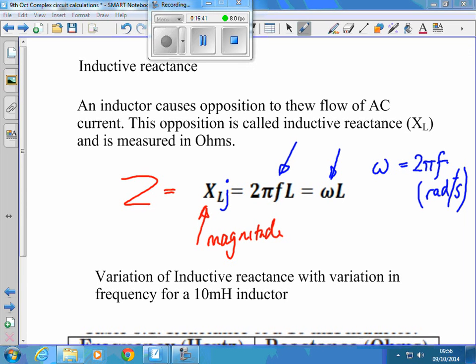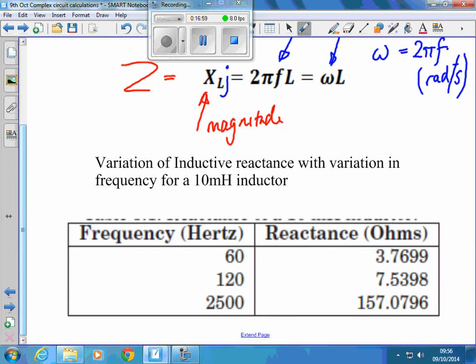Because of this frequency in here, that value XL is frequency dependent. It goes up and down with frequency. In an inductor, XL rises as frequency rises. So what this means for your electrical circuit is at 60 hertz, a 10 millihenry inductor would measure 3.77 ohms impedance.